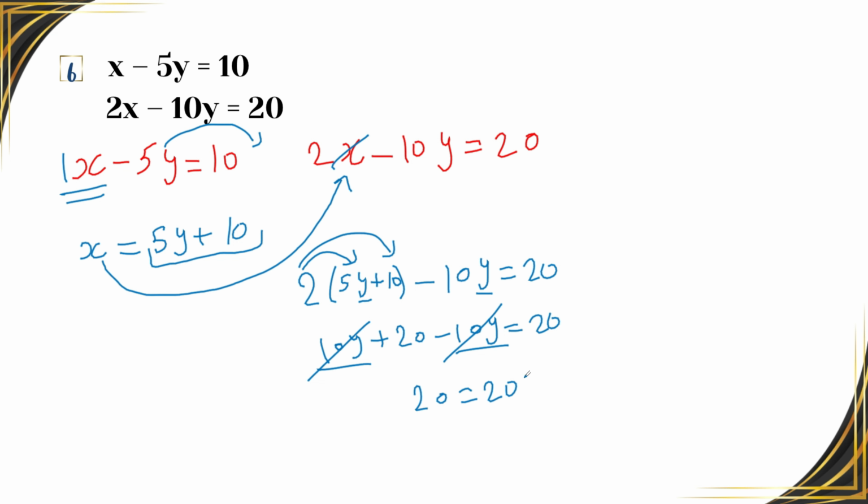The first special case is no solution. The second special case is infinitely many solutions. If you get something like 20 equals 20 or 5 equals 5, it's a fact, something true. In this case, the solution will be infinitely many solutions. We write infinitely many solutions.